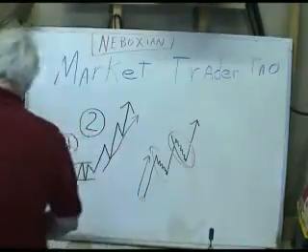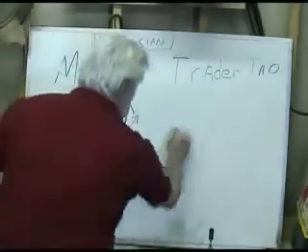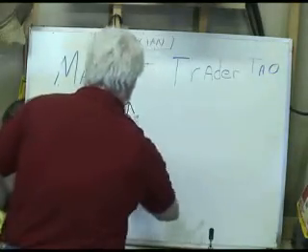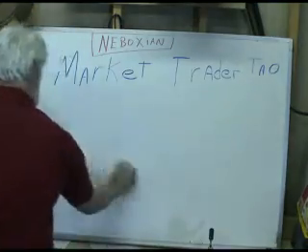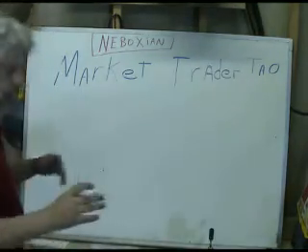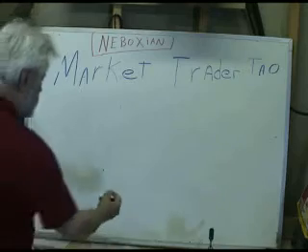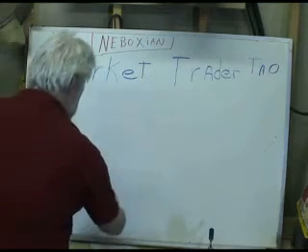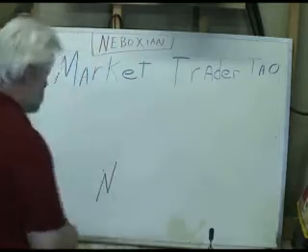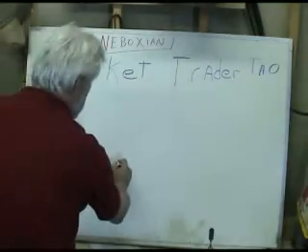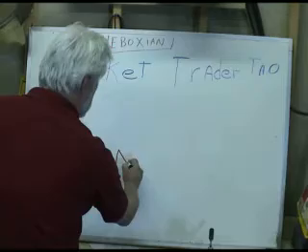A triangle in an upward cycle is a continuation of that phase. In other words, you've got your first wave, then your second part.